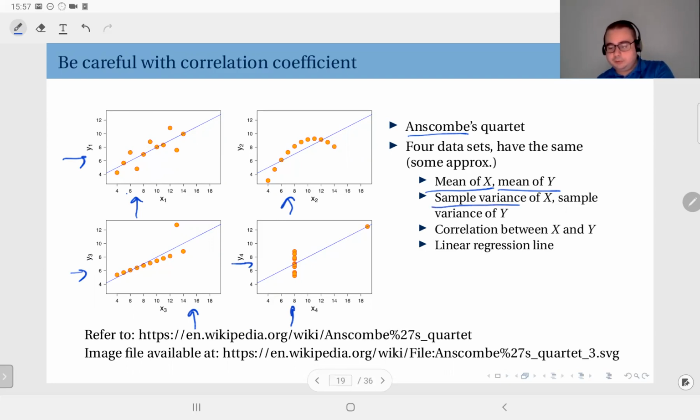They have the same variance with respect to x, the same variance with respect to y. Now we are talking about sample variance because this is not a distribution, but just data. But also they have the same correlation between x and y and the same linear regression line. So this relationship defines the correlation between the two.